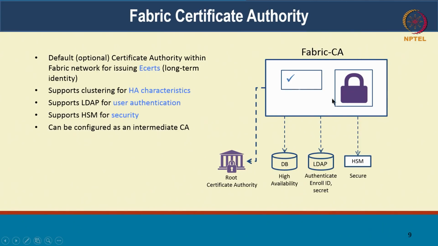And the keys that are issued by the Fabric CA are stored securely in a hardware security module. Now, what do the identities themselves look like? There is a notion of an enrollment certificate. The enrollment certificate defines your identity on the blockchain, and it's called your long-term identity. We'll talk about some of the notions of identity and how identity is used in the blockchain itself in one of the subsequent lectures.